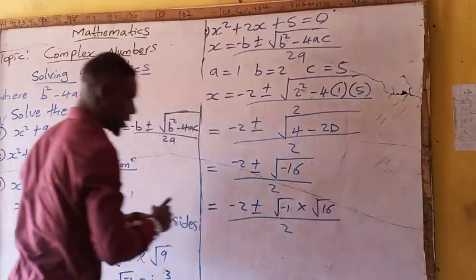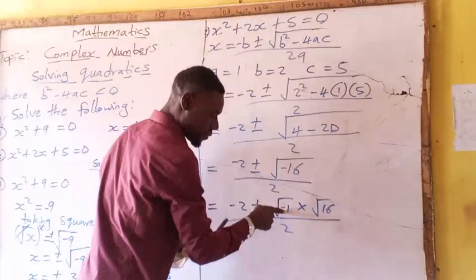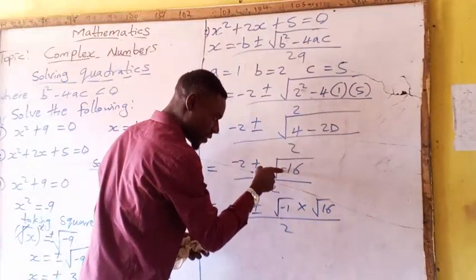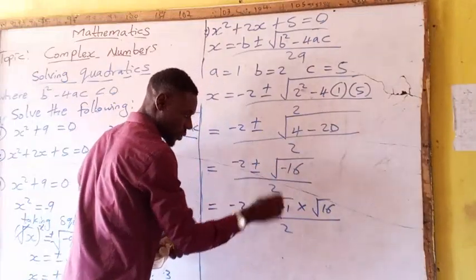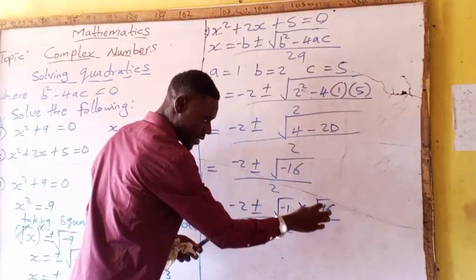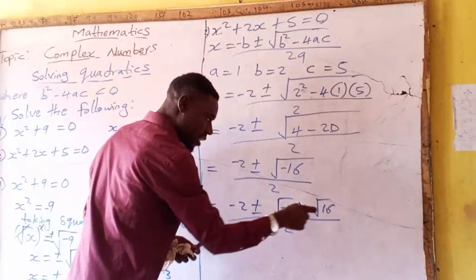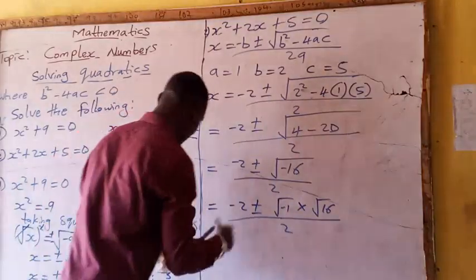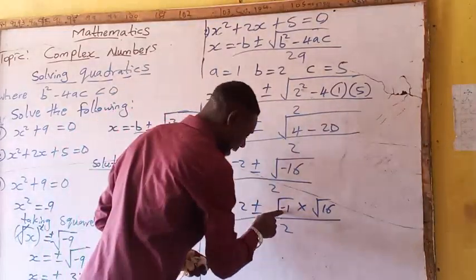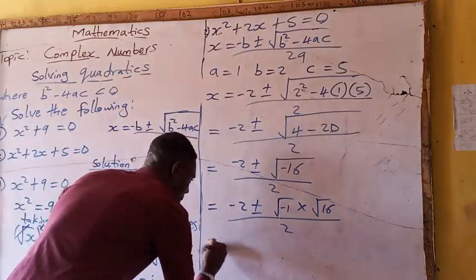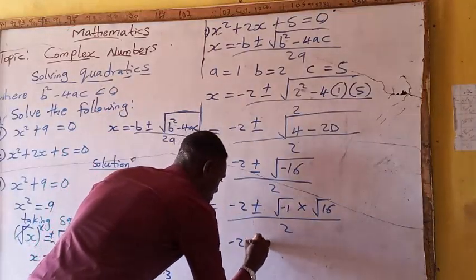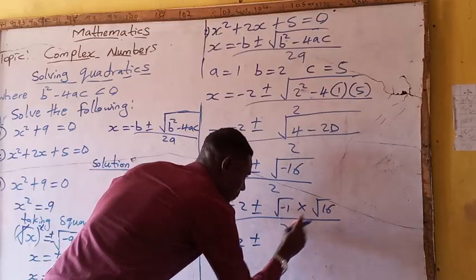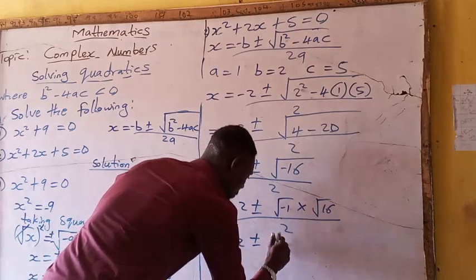You know where this root negative 1 is coming from. Remember, there is a minus here. So for you to take away this minus, you replace it. Look at this place now, there is no more minus here. This minus has been replaced with root minus 1, and root minus 1 is the same thing as i. So minus 2 plus or minus, you have i here.